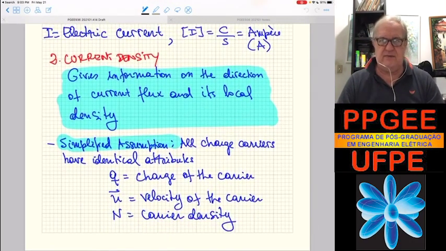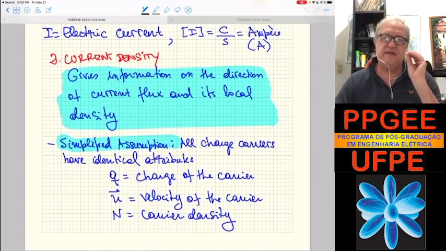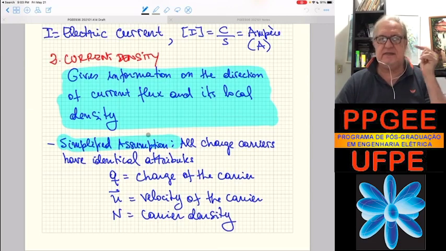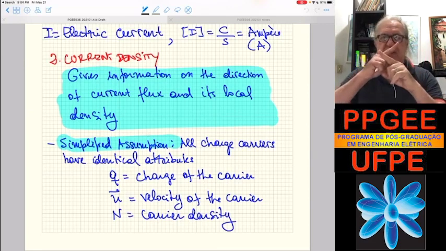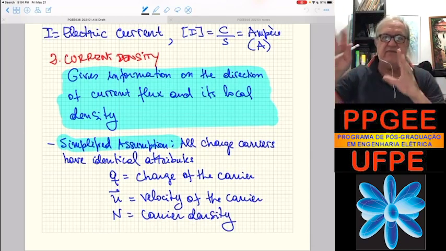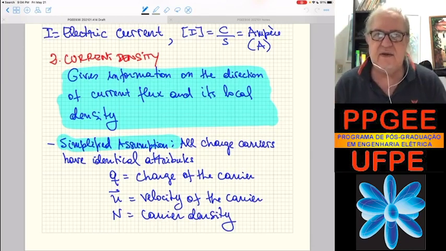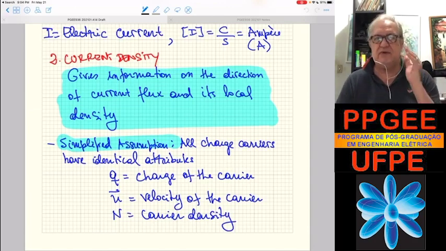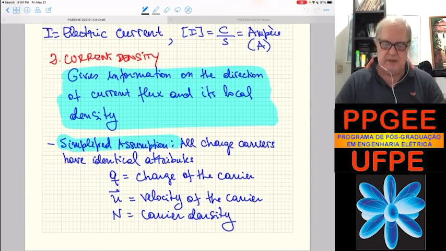To obtain the final model for the current density, let's start with a very simplified assumption in which all charge carriers have identical attributes, which is very unlikely, right? You have one electron, for instance, moving this way, the other moves that way, then it has a collision, it scatters to the other direction, so they don't have the same velocity, they don't have the same behavior. But we are going to start with that simplified assumption, then we change to the more realistic one.